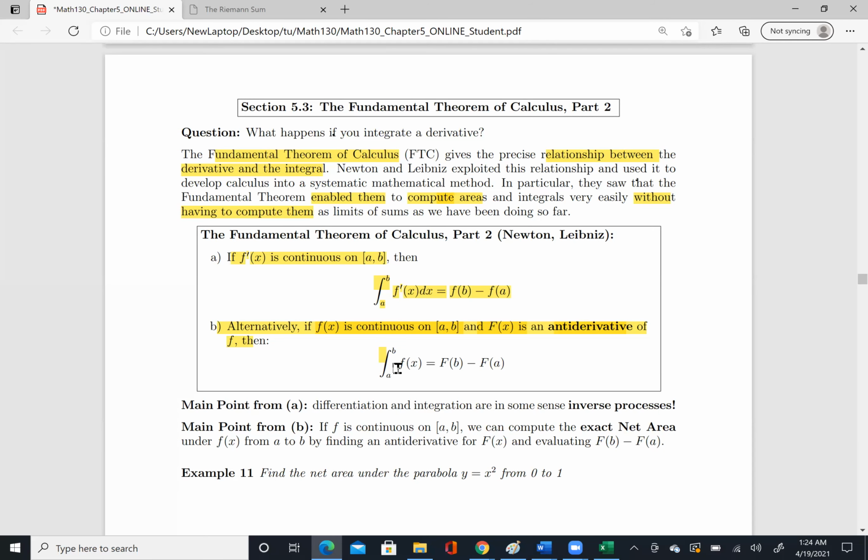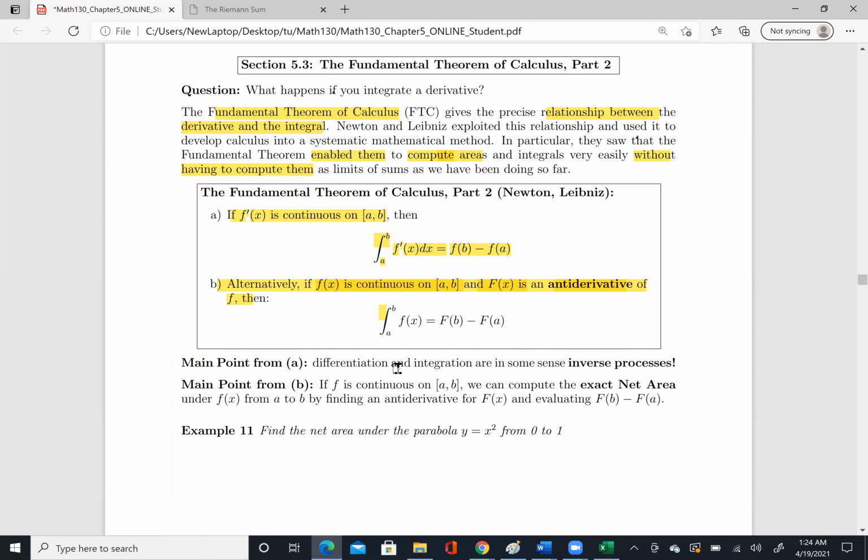Okay, so now, what's the main point from part A? Differentiation and integration are in some sense inverse processes. See that?